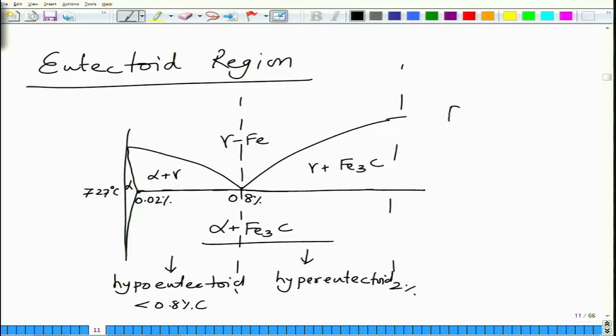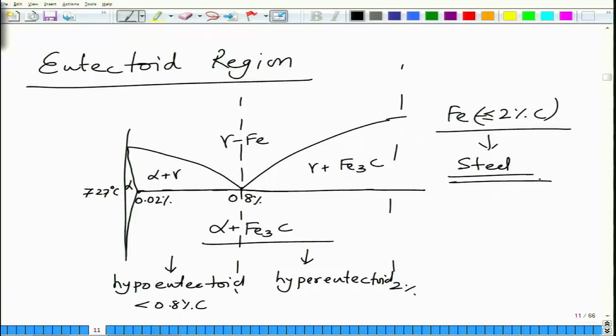And iron with carbon less than or equal to 2% is called steel. These compositions make up the modern material called steel, and it is this part of the iron carbon phase diagram which is extremely interesting from the perspective of engineering this material for a variety of applications.